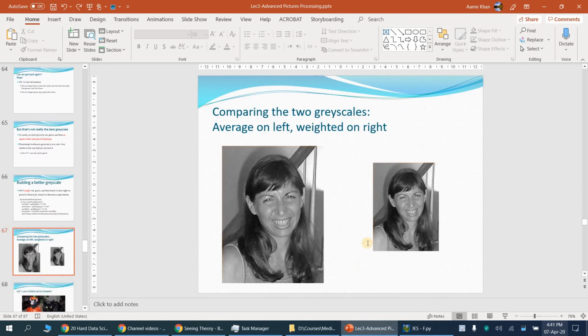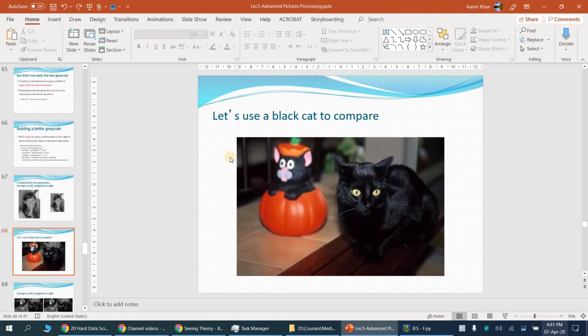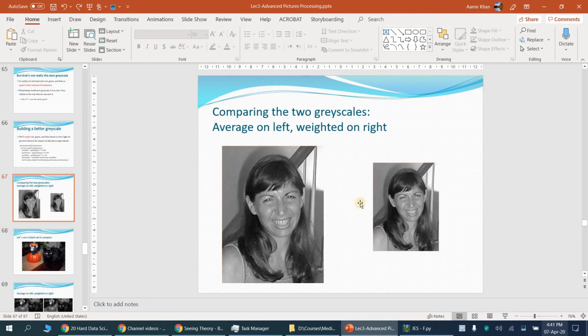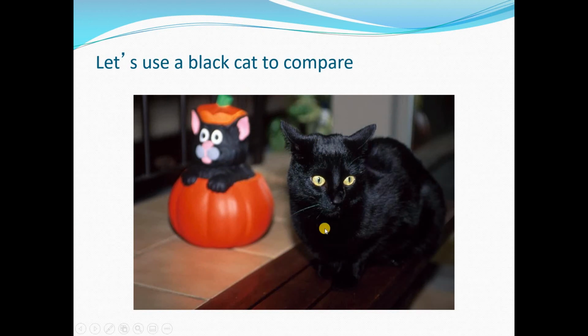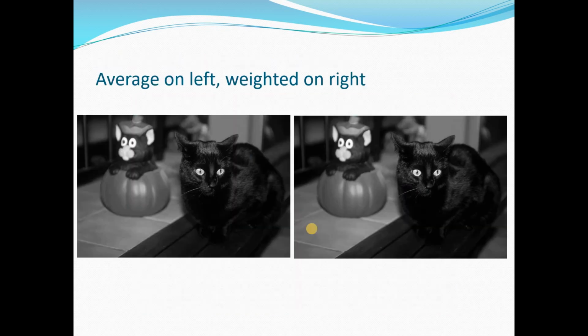So this was about the grayscales, what we saw, and it is better when you want to compare the grayscales. It is better if you try to use an image which has more black color content, so then you will be more comfortable comparing the two results.